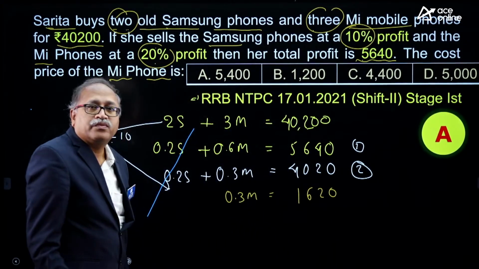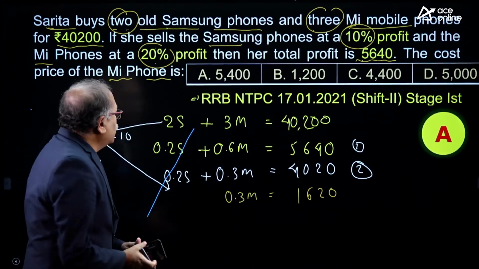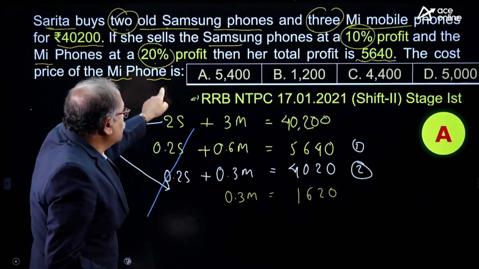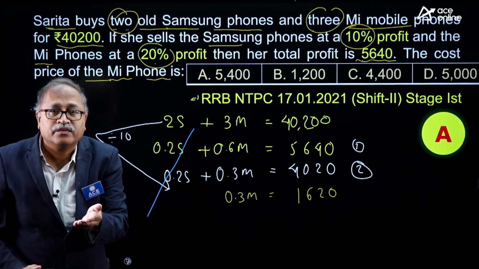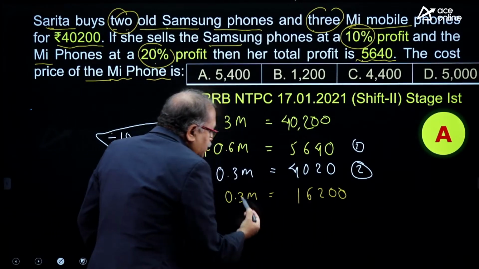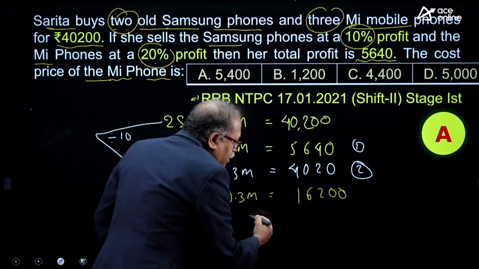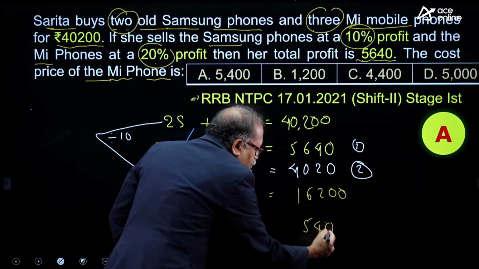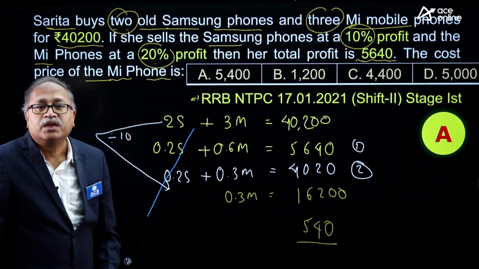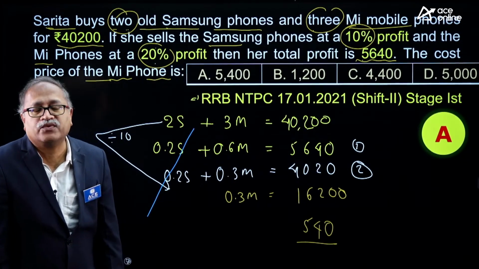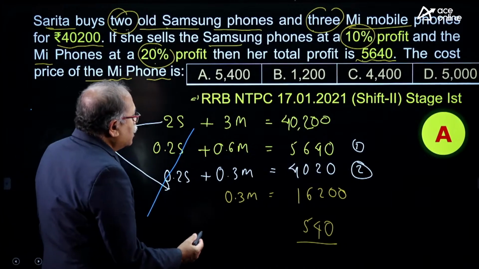So I need the one MI phone price. What is the cost price of one MI phone? So let's simply cancel this for the decimal. I will place the 0 with 3. When I cancel this one, I will be getting M is equal to 3, 5, 15, 3, 4, 12 followed by 10. 540 is the cost price of one MI phone.